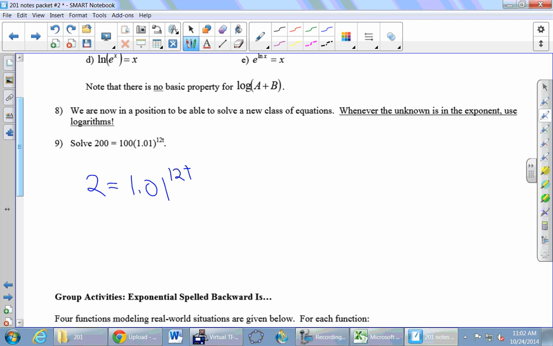And now that the exponential piece is alone, what do we do to both sides? We take the log. So what log do you take? Well, you could take any log you want. You could take the common log. You could take the natural log. You could take log base 17 if it floats your boat. They'll all work, but I would certainly pick one of the first 2 because those are the 2 buttons I have on my calculator. So let's take ln of both sides.